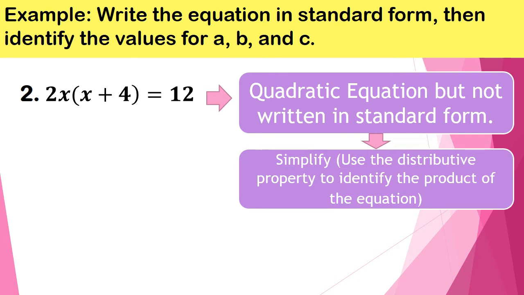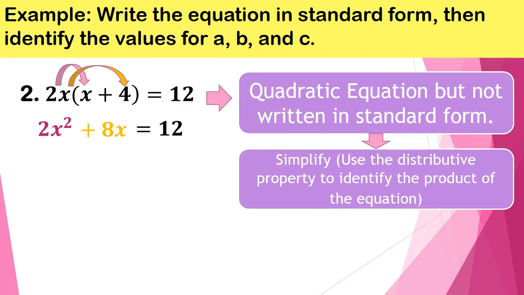By using distributive property, we need to expand the product of our equation here. So let's simplify. 2x times x is equal to 2x squared. 2x times 4 is equal to 8x. And then let's copy equals 12.